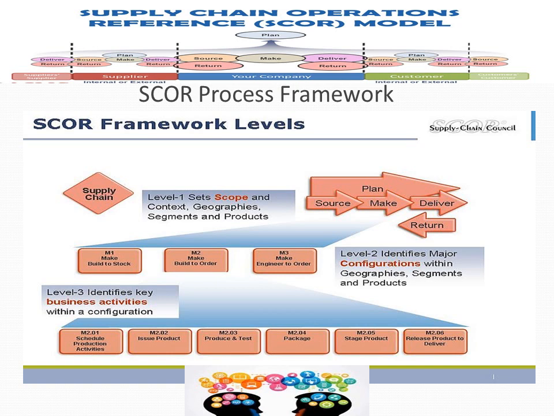Then level 3 is to identify key business activities within a configuration, that is, what we are going to do in each activity. If you see this picture, you can find all the activities we do, then the configurations, and then the scope.